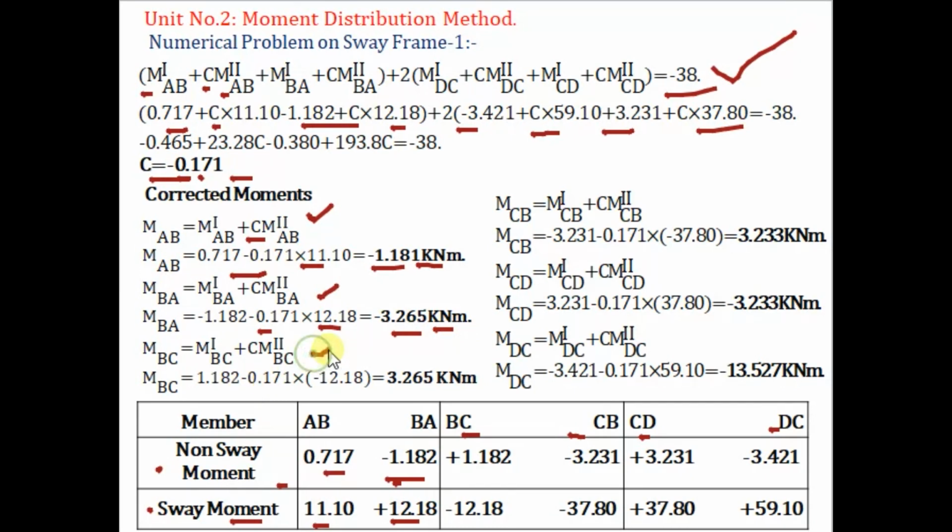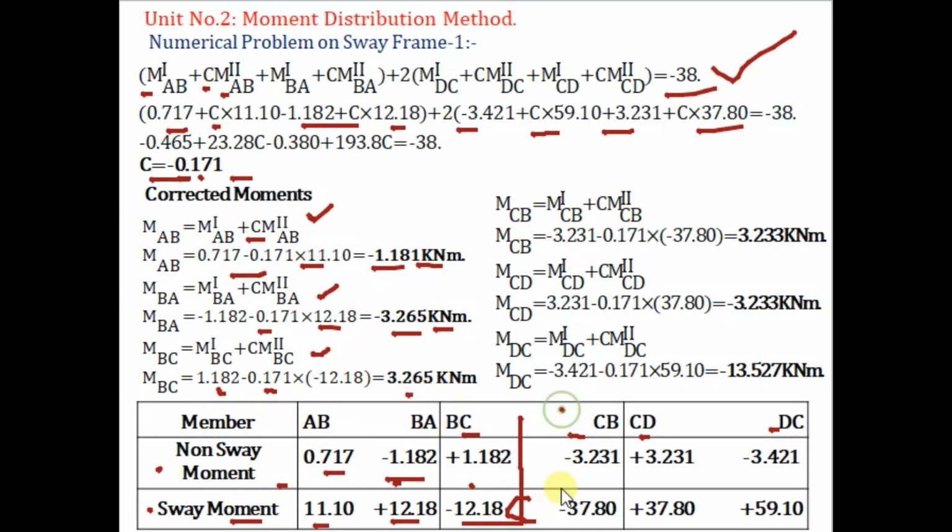Same way, let's find out for BC. This is our next one, BC. Adding these two, and here we have to apply the value of correction. This value is minus 0.171 into minus 12.18, and this MBA 1.182, we have 3.265 kilonewton meter.